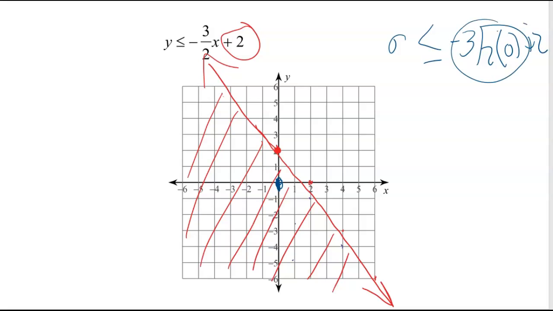Well, this is just 0. So 0 is less than or equal to 2. Is that true? Yes. Is 0, 0 part of our solution? Yes. That means that we did indeed shade the right side. Yippee skippy. So if we went to something like 6, 0, that shouldn't work. Then we should get a false statement, right?